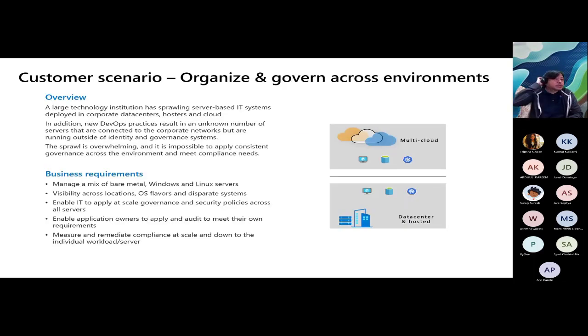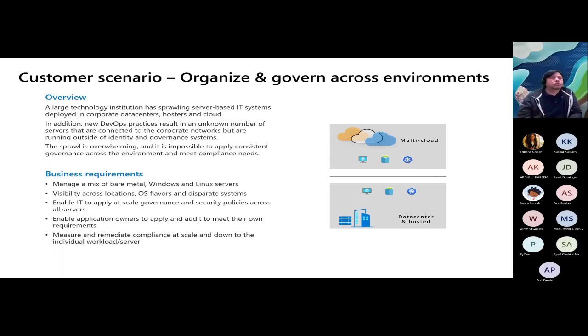The first one is a scenario where a company wants to organize and govern across environments. I'll read the overview and the business requirements, and then I'll explain a little bit how the Azure Arc can help here. So a large technology institution has sprawling server-based IT systems deployed in corporate data centers, hosters, and cloud.